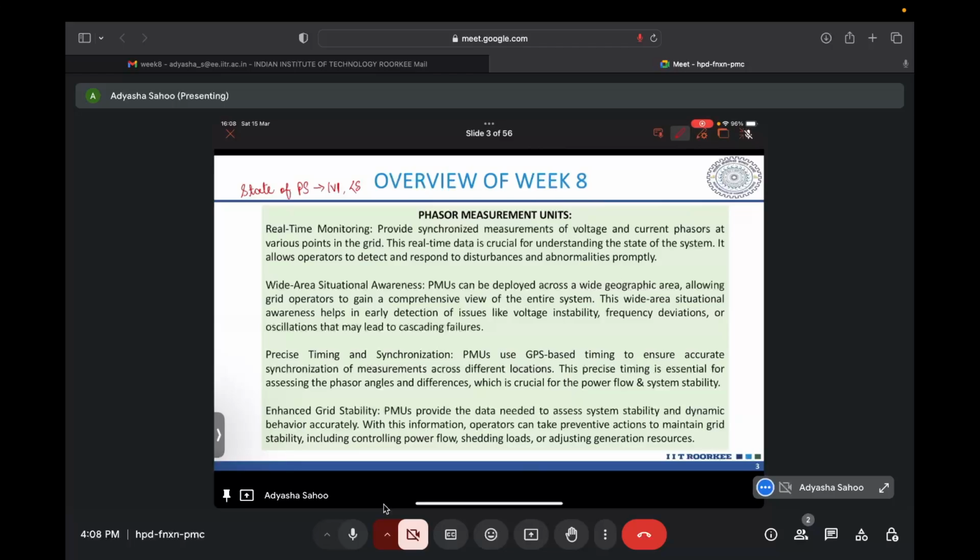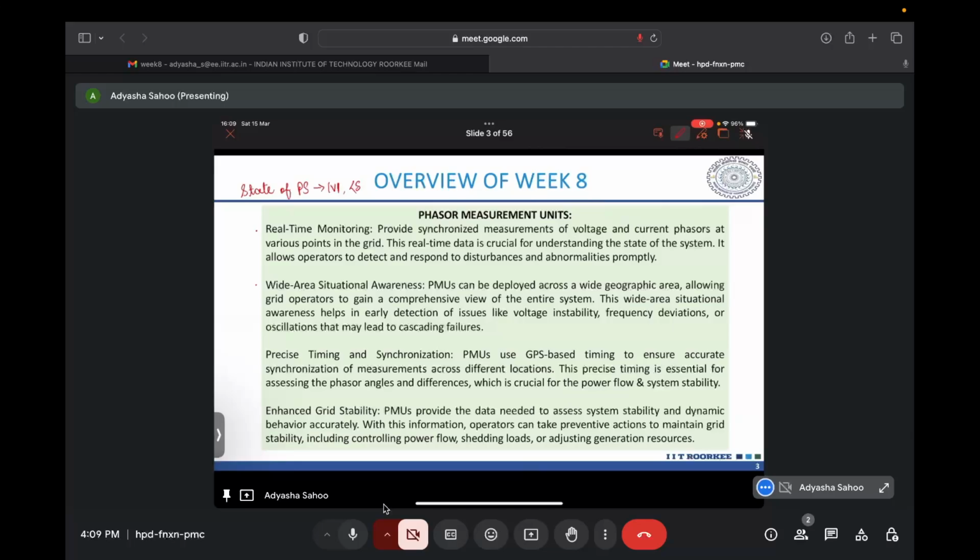How this is done is with the help of wide area situational awareness. This also we have seen previously. Since the PMUs are deployed across various diverse geographical locations, the grid operators can visualize the state of the complete grid using various visualization tools such as charts and large display screens.